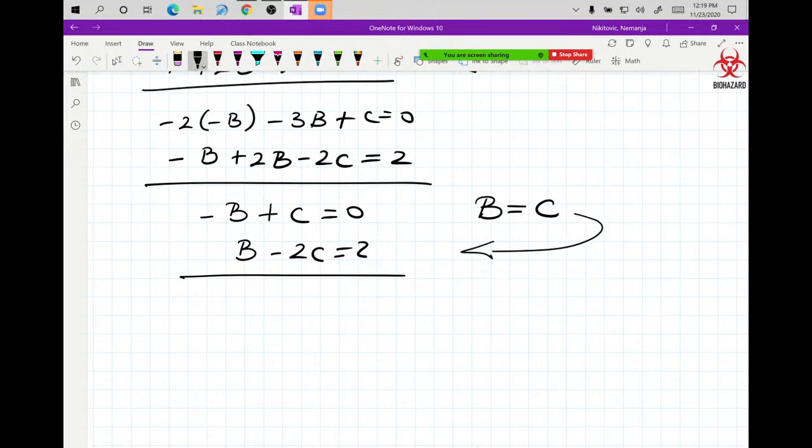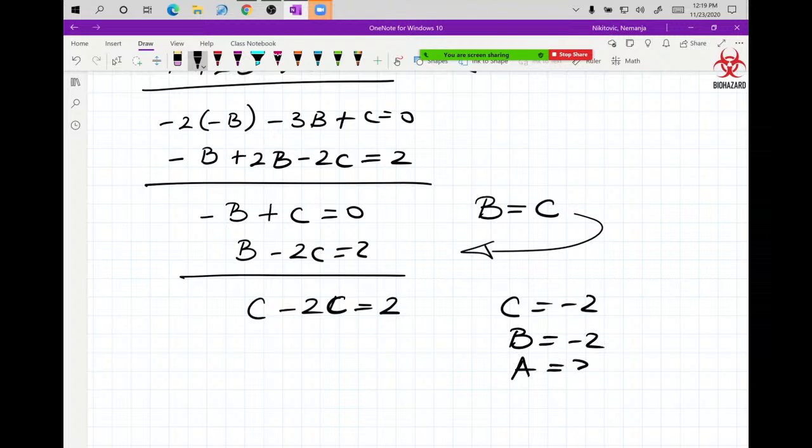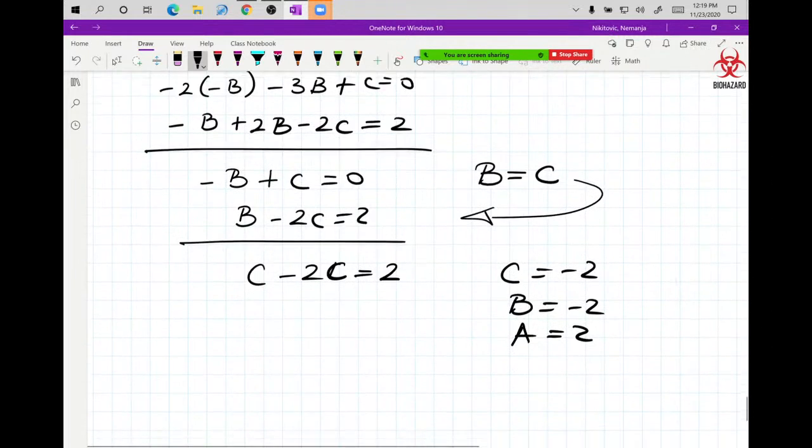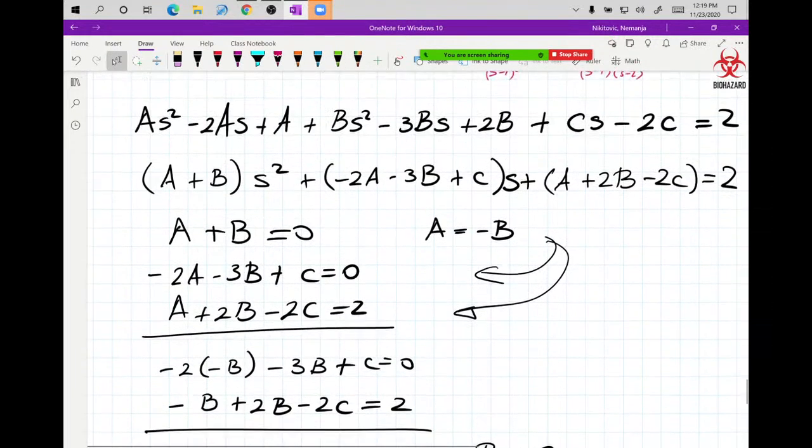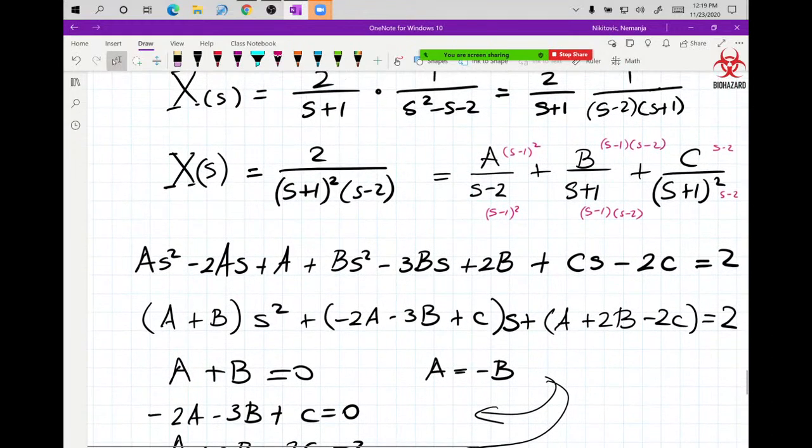Okay, well, we can plug this one in there now, and you get that C minus 2C is equal to 2. So C is negative 2, B is negative 2, and A is positive 2 because it has to be opposite to B. Good. I got these.